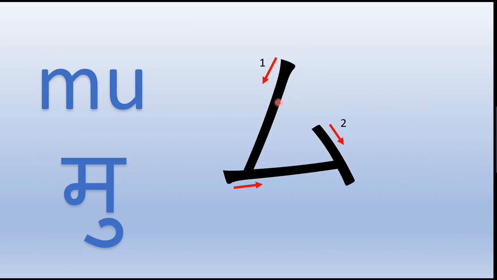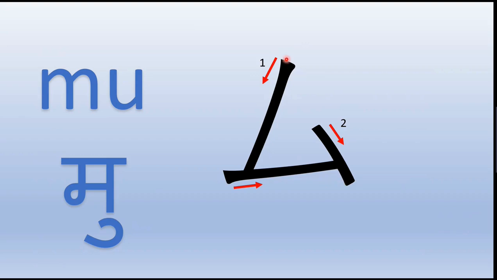The first stroke is this slanted line with a steep slope moving from right to left. And then in continuation, we have to bring it to here. And then we have the second stroke like this. So although it looks like there should be three strokes, actually there are just two strokes in writing mu.